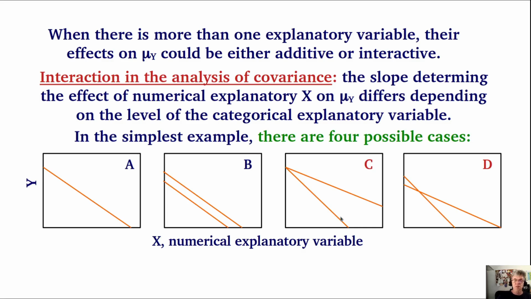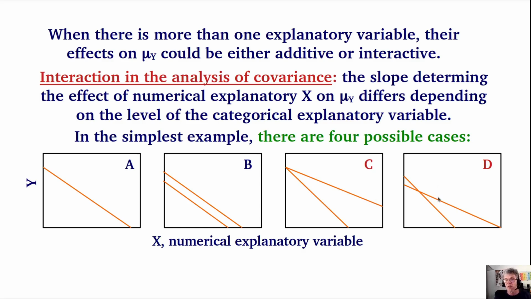In the third case, which is conceivable, there is a common intercept and a difference in slopes between the two levels of the categorical explanatory variable. In this case, there is no universal relationship between the numerical explanatory variable and y, since the slope changes depending on the level of the categorical explanatory variable.